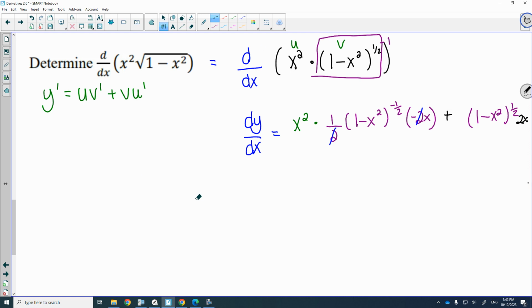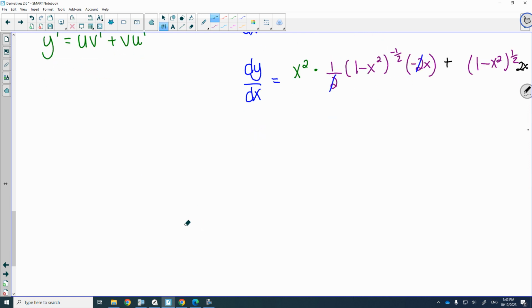So let's clean this up. So dy over dx is equal to, okay, so I've got x squared times negative x. That would give me negative x cubed. And then I have that (1 minus x squared) to the negative 1 half plus, I'm going to bring that 2x in front, and (1 minus x squared) to the 1 half.